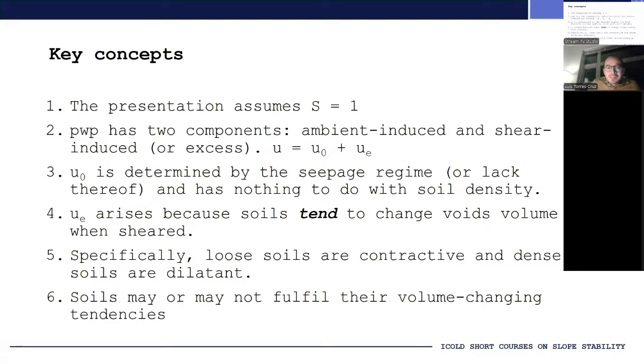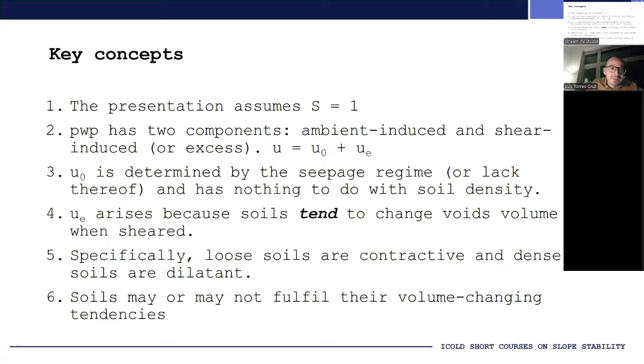If we consider a hydrostatic scenario, and we assume that the water table is at ground level, and we want to know the pore water pressure 2 meters below ground level, then U0 is equal to those 2 meters times the unit weight of water. And that's it.